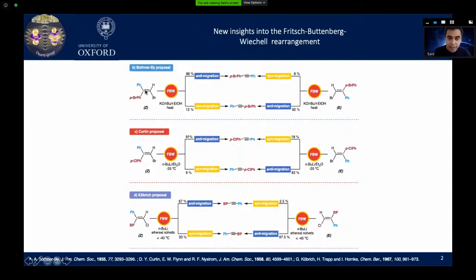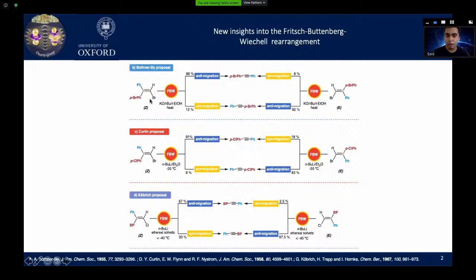So in this case, you can see with a red point the labeled carbon, and whether you start from the Z or E isomer, in their experiments you always get a preferential migration of the group anti to the halide atom.